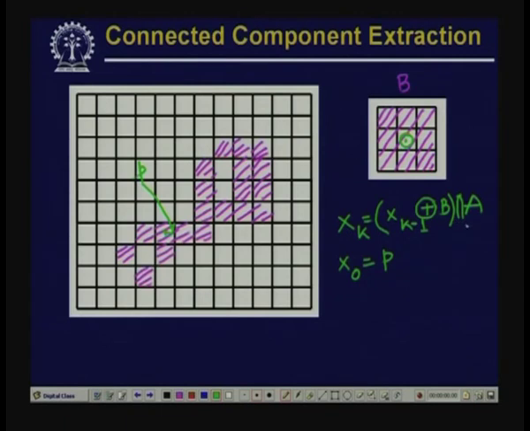After doing this dilation, if I intersect that with our original point set A, then what I am going to get is nothing but the point set X_1.